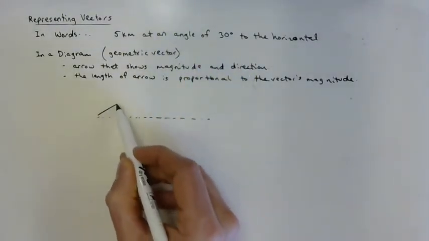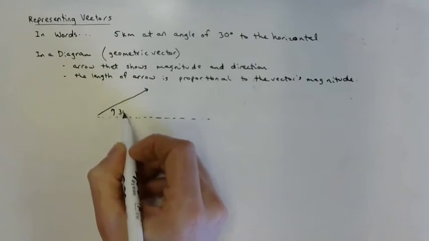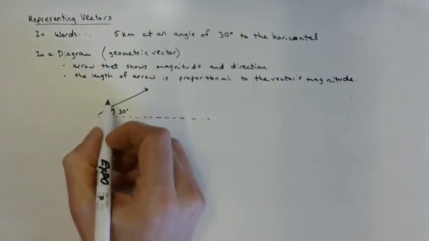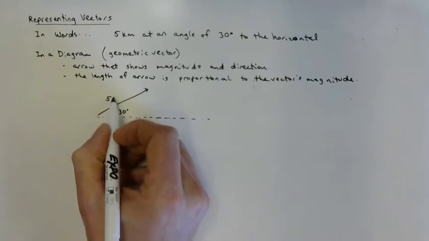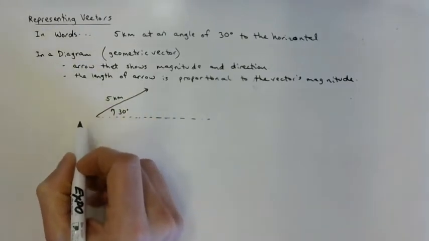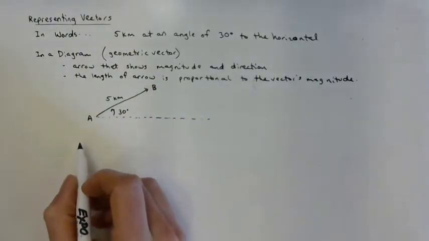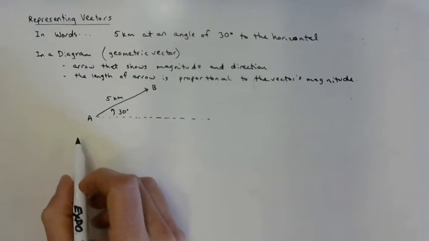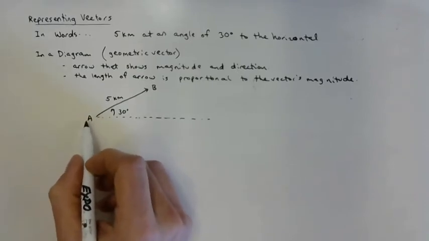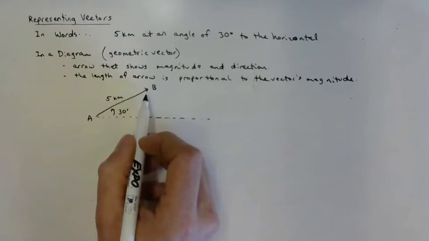So here's 30 degrees from the horizontal to our vector, and we have a magnitude of 5 kilometers. We're going to note that it comes from A to B. So here A is called the starting point or the tail, and B is the end or terminal point, also called the tip or the head.